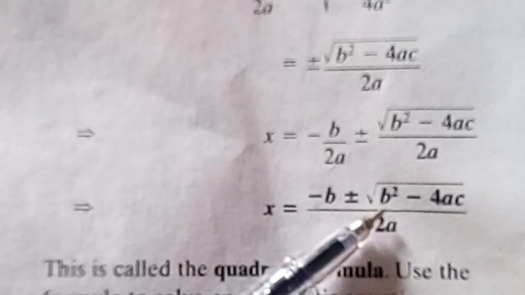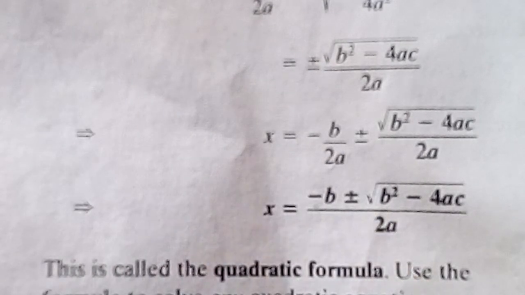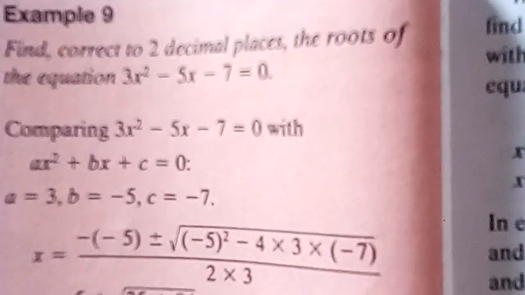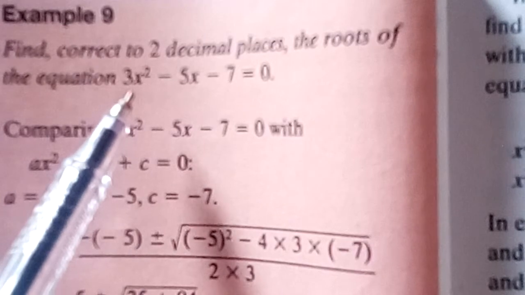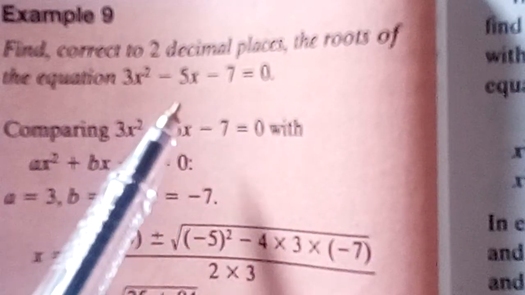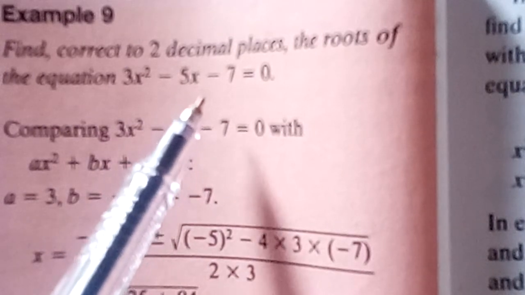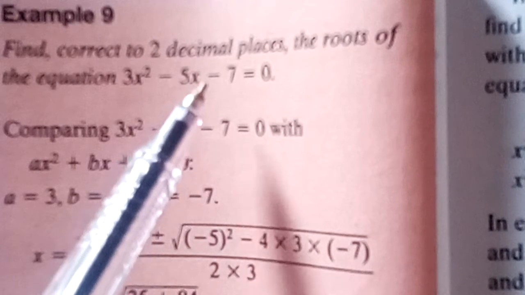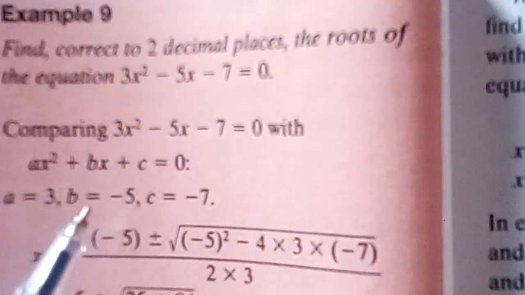Now let's see how to use this quadratic formula to solve quadratic equation. Look at this. Find correct to two decimal places the roots of the equation 3x squared minus 5x minus 7 equals 0. We want to look at how we can use the quadratic formula to solve this instead of using factorization or complete the square method.